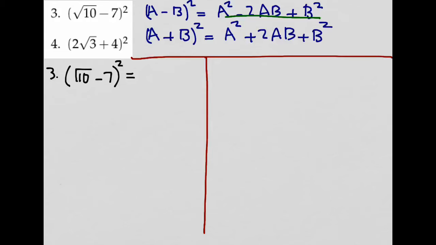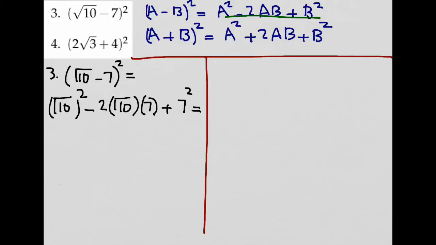Here, square root of 10 is playing the role of a, and 7 is playing the role of b. We have square root of 10 squared, that's a squared, minus 2 square root of 10 times 7, that's 2ab, plus 7 squared, which is b squared.